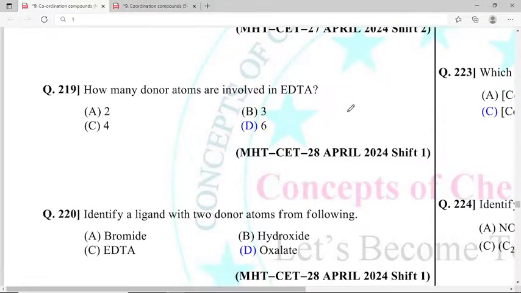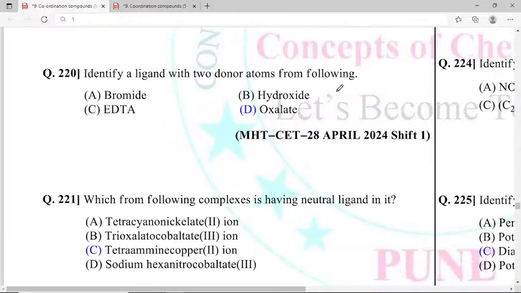How many donor atoms are involved in EDTA? 6, because it is a hexadentate ligand. Hexadentate ligand, EDTA. Identify a ligand with 2 donor atoms. Oxalate. Oxalate stands for C2O4 2-.